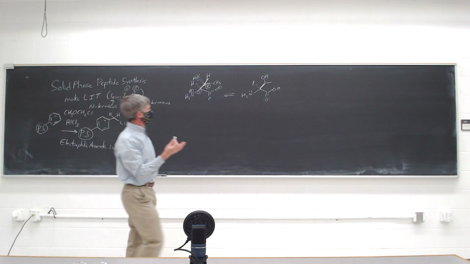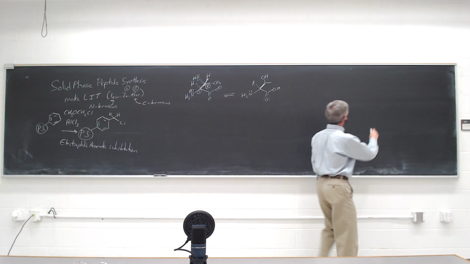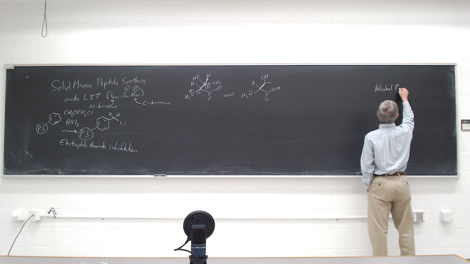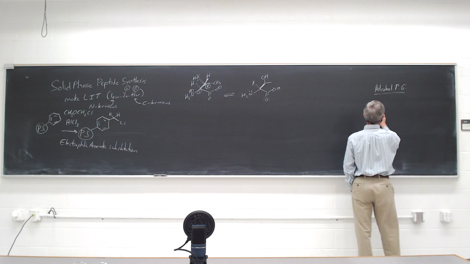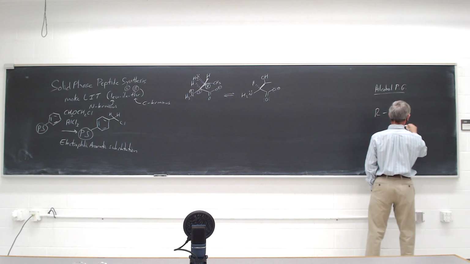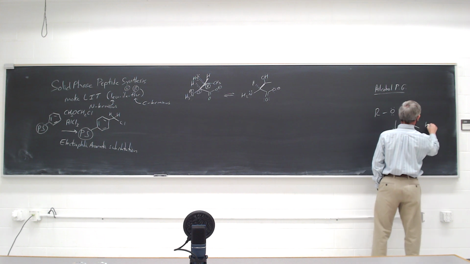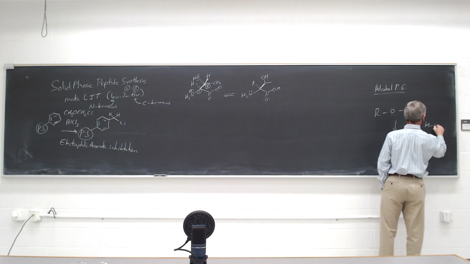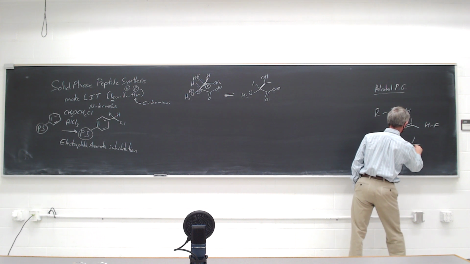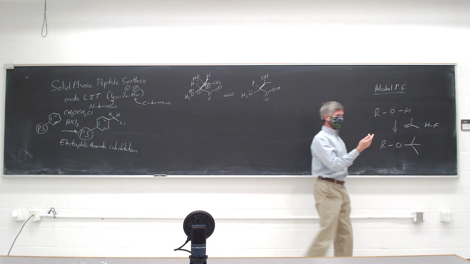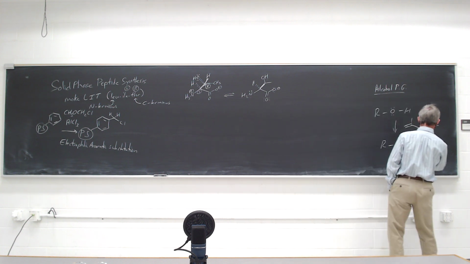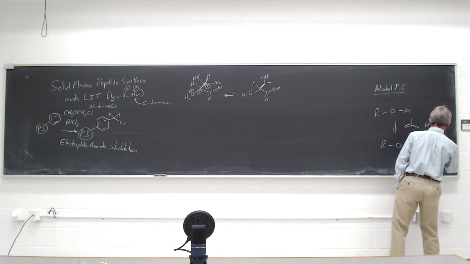One of the most common protecting groups for alcohols is to treat it with isobutene and HF and convert that into the tert-butyl ether. And then we know that we can cleave that tert-butyl ether later with acid.